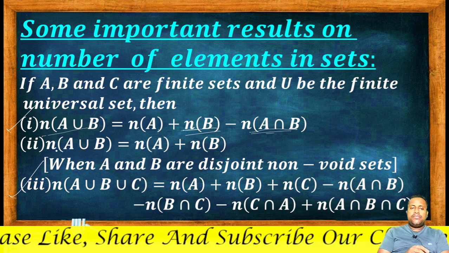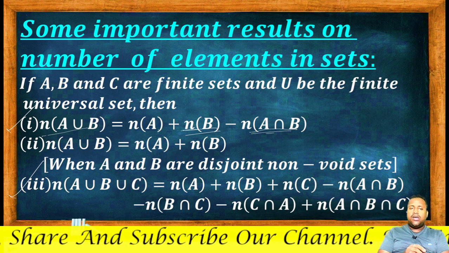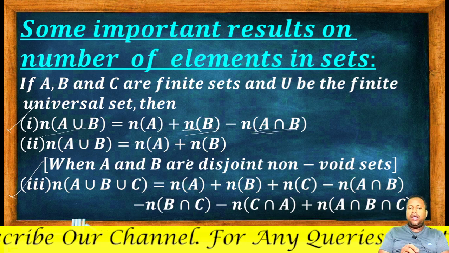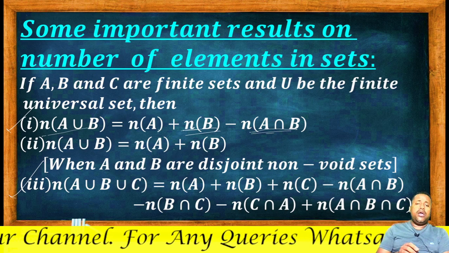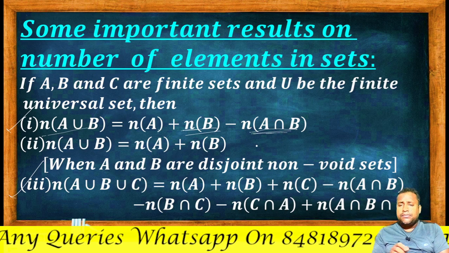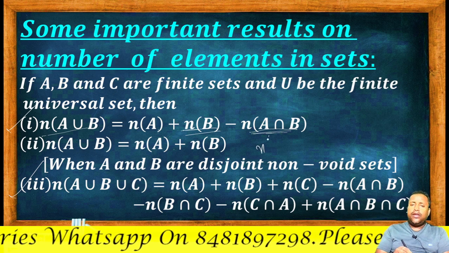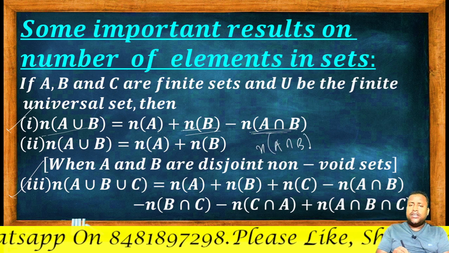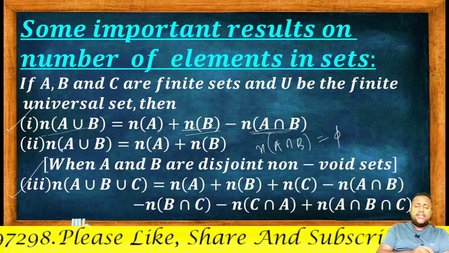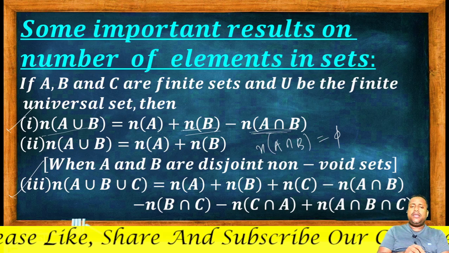Similarly, if A and B are disjoint sets, then in this case n(A intersection B) will be 0, and in this case n(A union B) equals n(A) plus n(B).